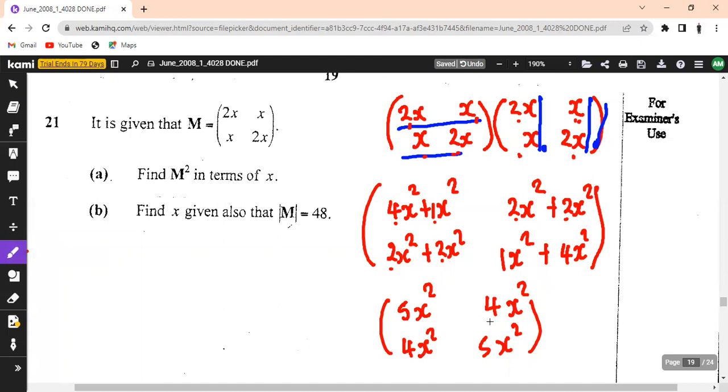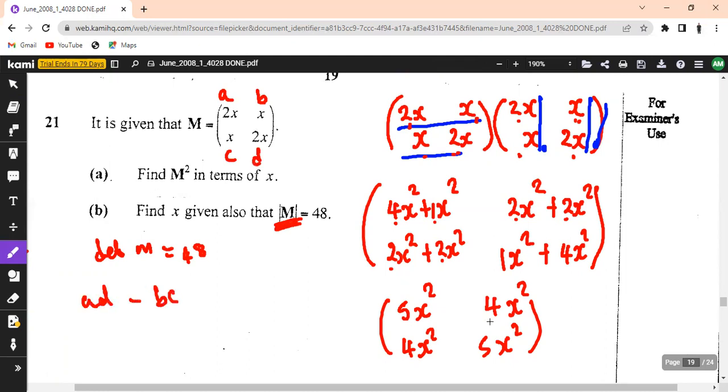So as you can see, guys, it was just a matter of applying your multiplication, then after that, collecting like terms and so forth. Okay, the B part, you are now given, find the value of x given that this here indicates the determinant of M. If you are dealing with matrices, this is the determinant, okay? So they have given us the determinant of M to be 48, and we know that our determinant is AD minus BC.